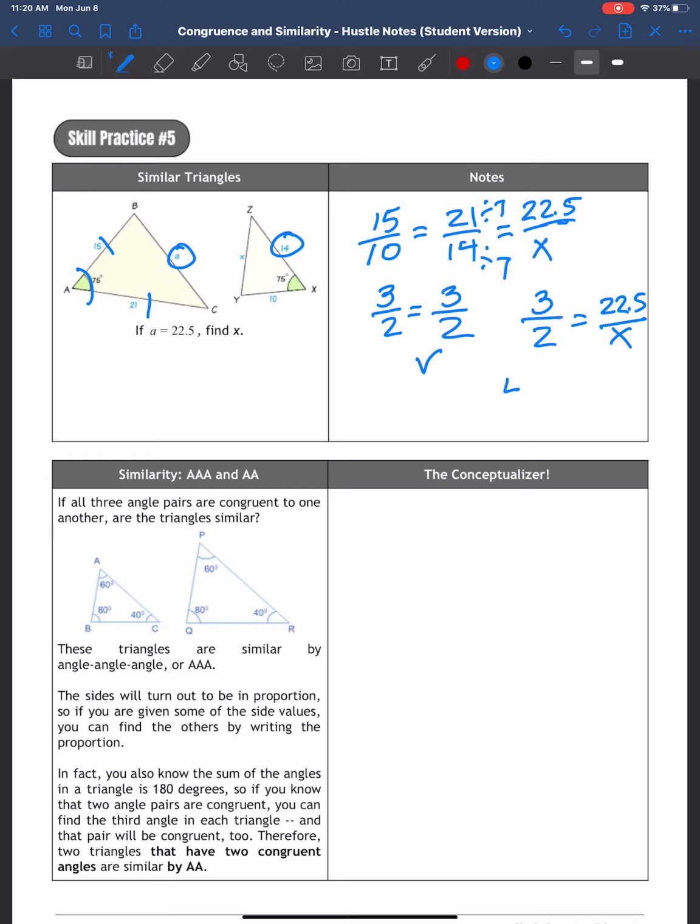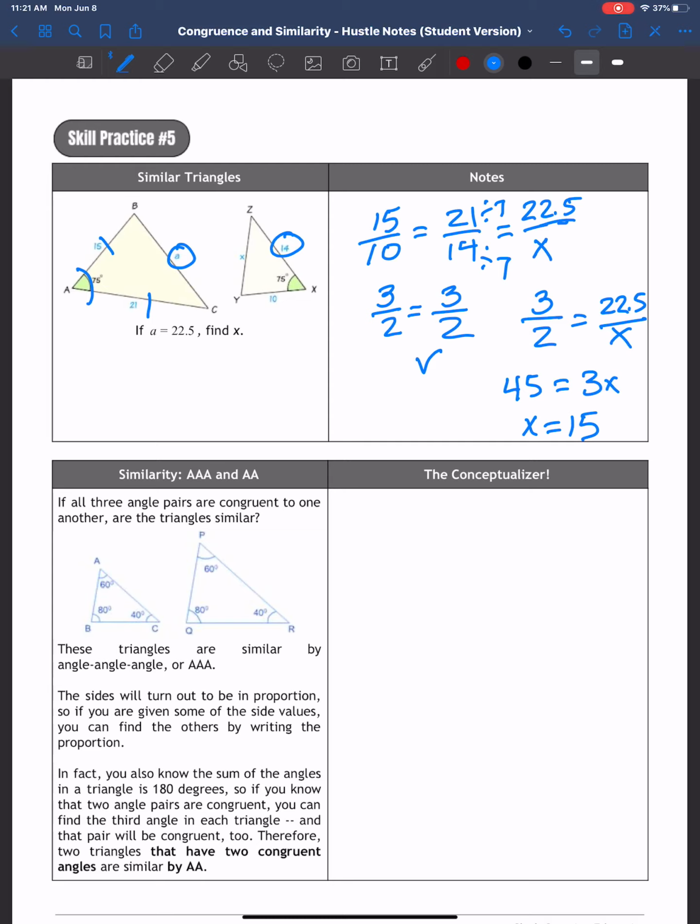You get 45 equals 3X. X equals 15. And that is how you're going to answer your question.